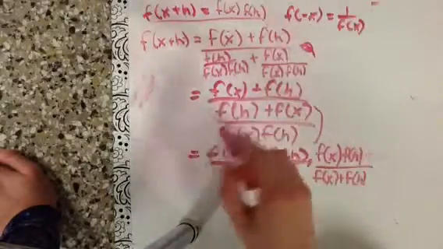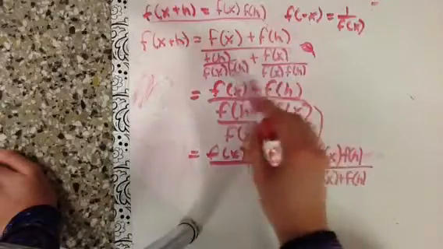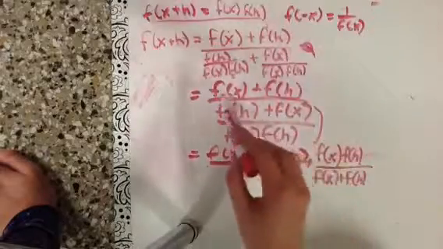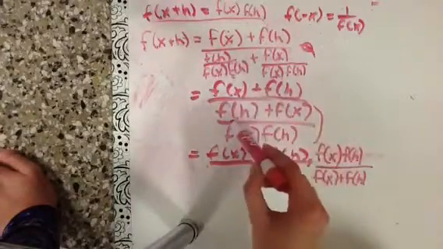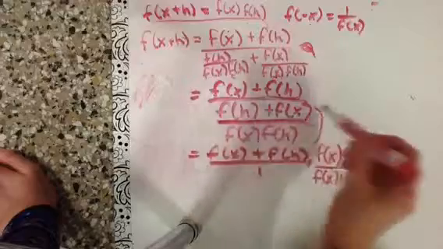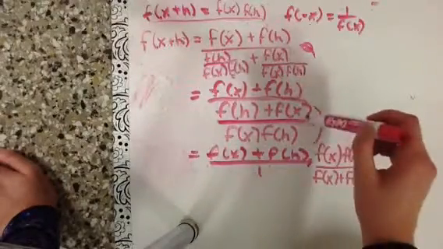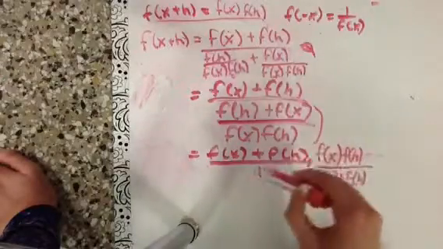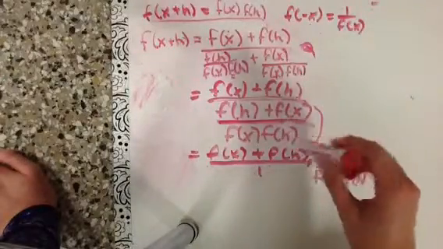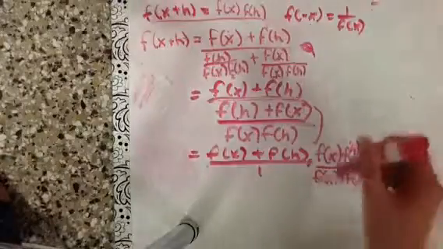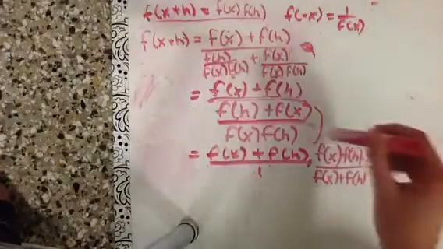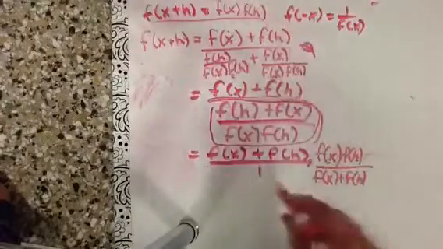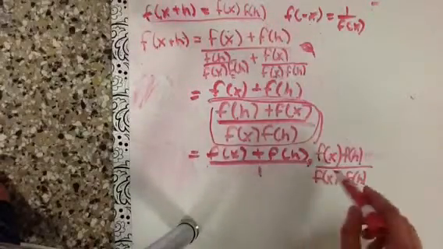So, since these have the same denominators, you can add the numerators together, therefore getting this right here. And see, this right here is its own number, so it's technically over 1, and to get a correct fraction, you multiply by the reciprocal of this right here, therefore getting this equation here.